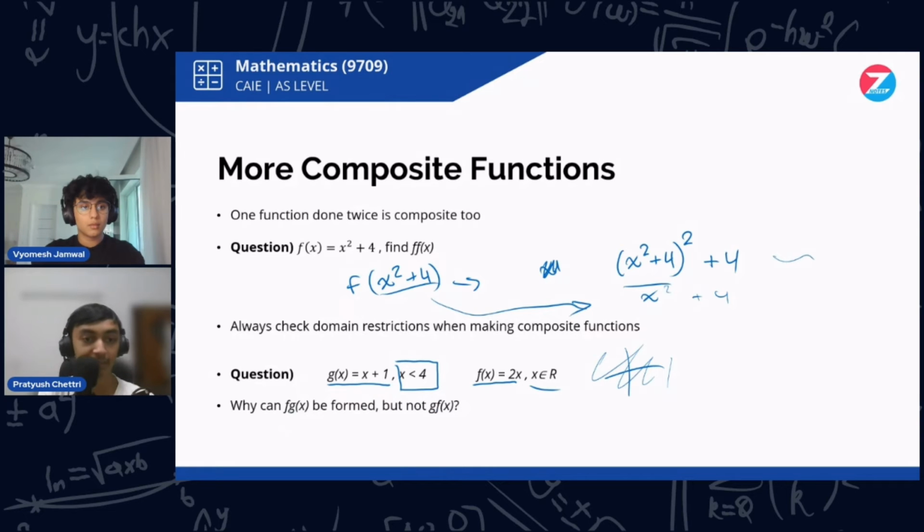Well, if you take f of g of x, you're putting in this here. You're putting in the g, which is already restricted by itself. So it's x plus 1.